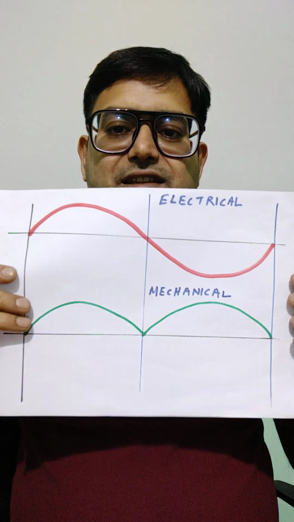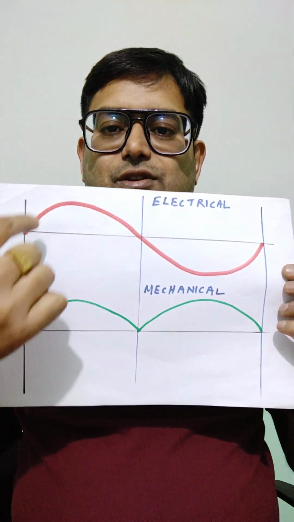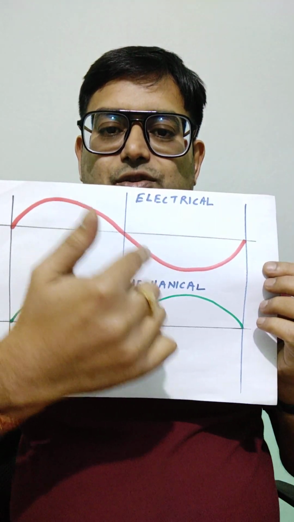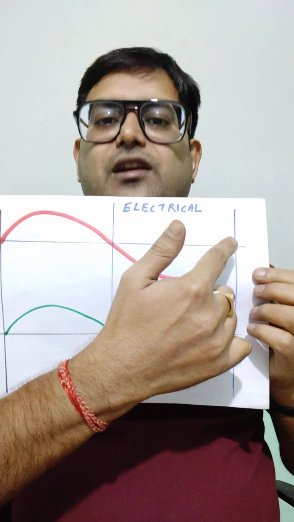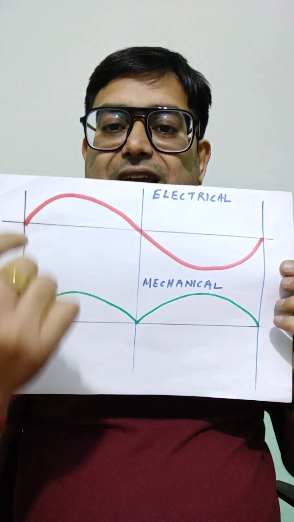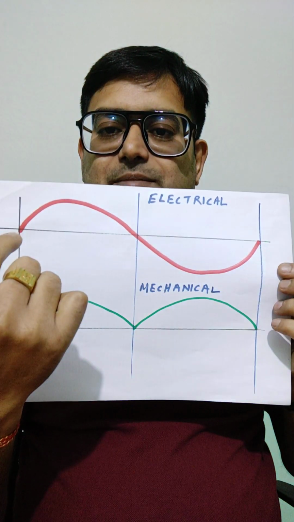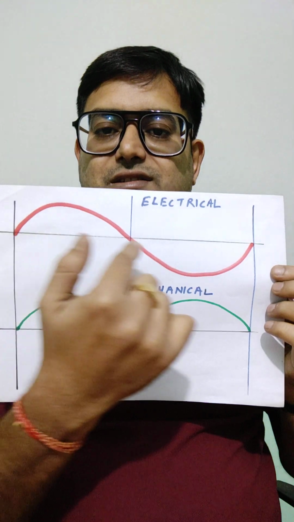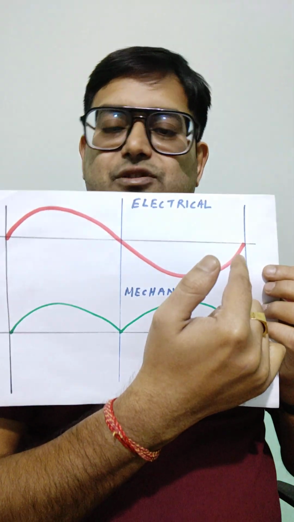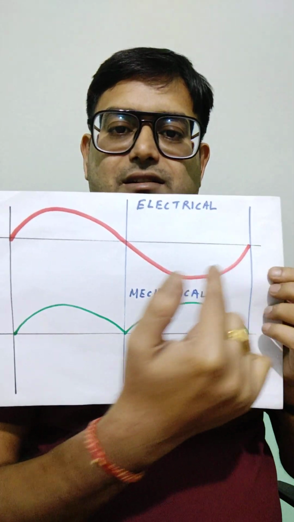In an AC, the electrical power supply in the red curve varies like this. It starts from 0, goes to the maximum, goes back to 0, goes to the minimum, comes back to 0. So in every cycle of the electrical power supply, how many times is it zero? Once, and the second time zero. When it becomes zero the third time, it will be part of the next cycle. Clear?